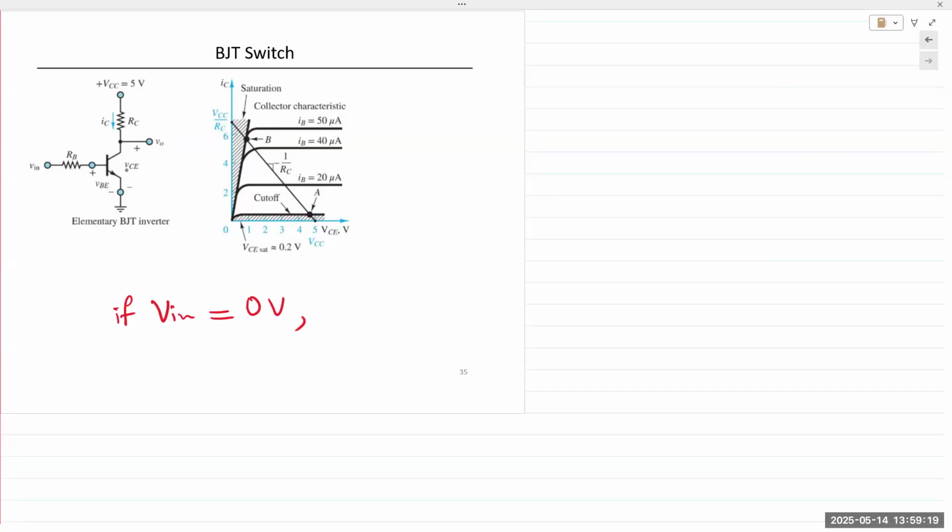It's cut off. The BJT is off. So what is my output, VO? VO is directly connected to plus 5 volts. So VO is plus 5 volts. So if Vin is 0, meaning logic 0, output is logic high, an inverted output.